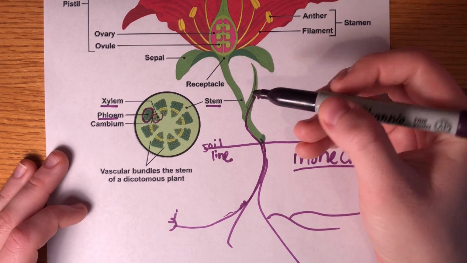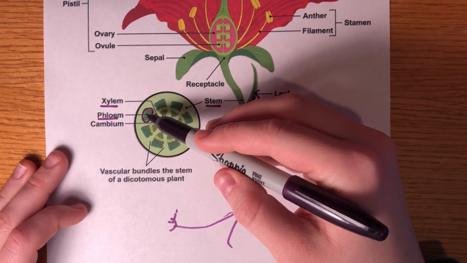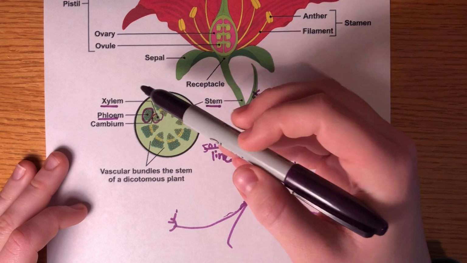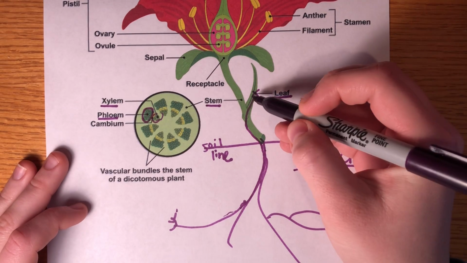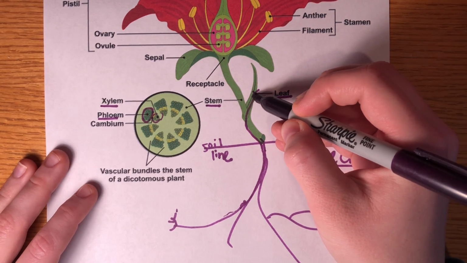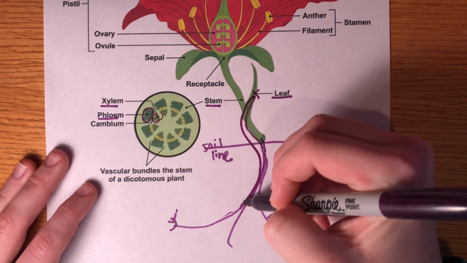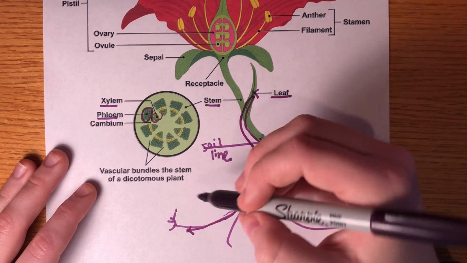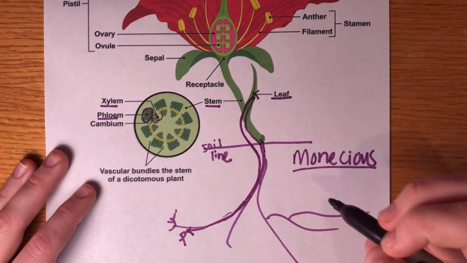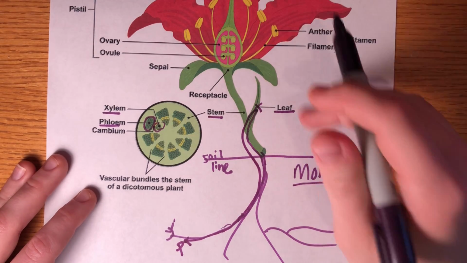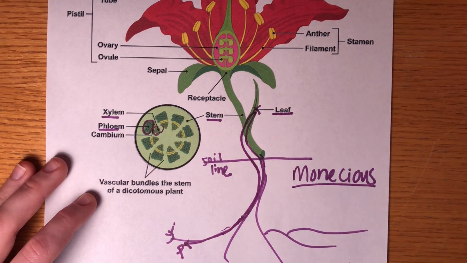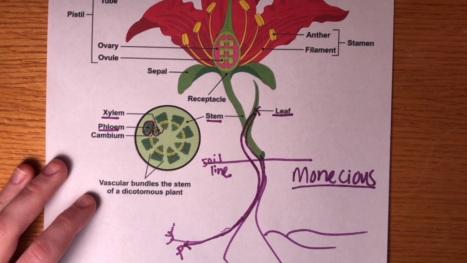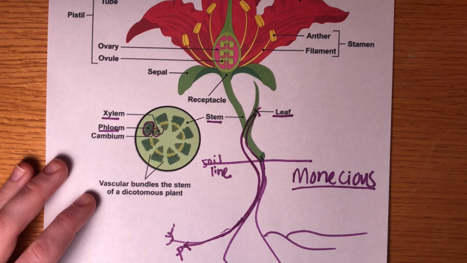The phloem is separated so that we can keep the food separate from the water. The phloem is bringing the food down to these roots so that they can continue to grow. We'll put a little P there. That's mostly what you need to know for the stem, the xylem and the phloem.